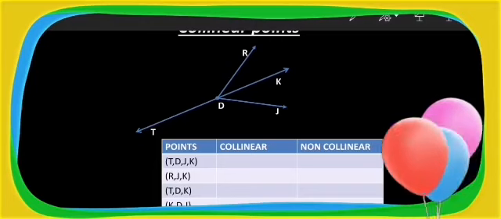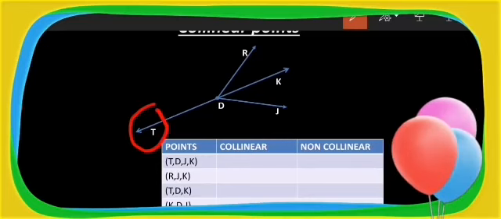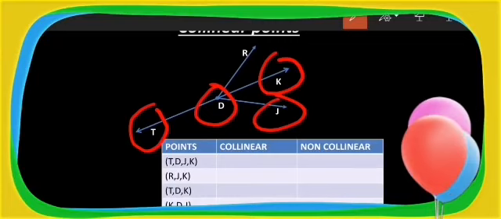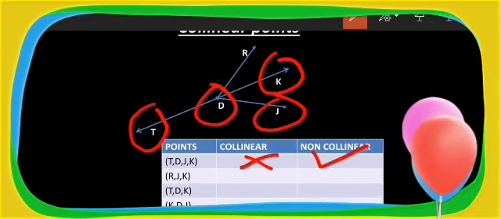Now if you observe TDJK, where is TDJK presently? T, D, J, K. For these 4 points, they do not have a straight common path, correct? So are they collinear? No. Are they non-collinear? Yes.